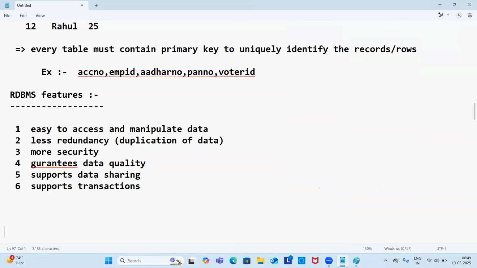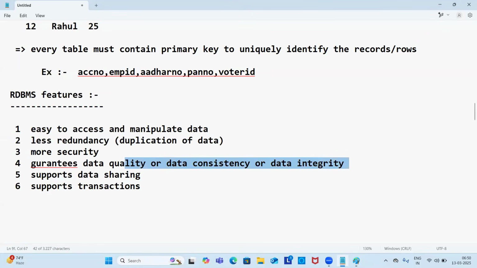So these are the other features of RDBMS: easy to access and manipulate, less redundancy, more security, guarantees data quality, or you can say data consistency, or data integrity. All three terms are the same: data quality, data consistency, data integrity. Then it supports sharing. I'll explain all of this.